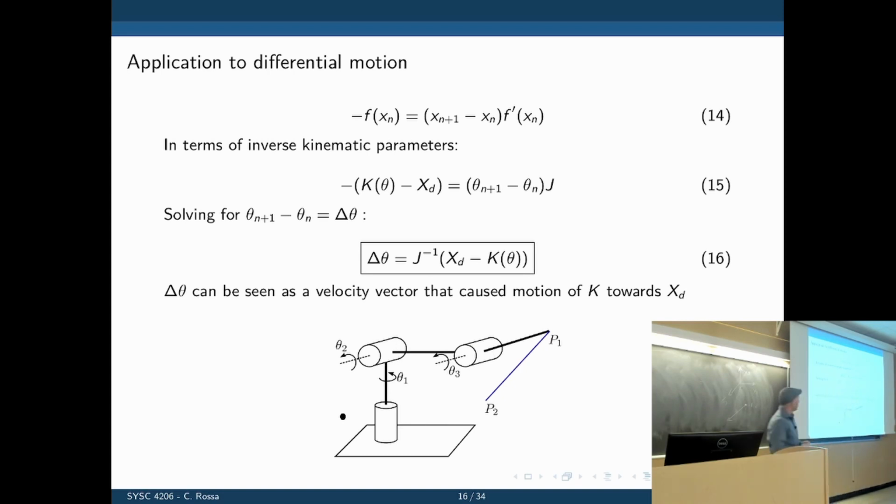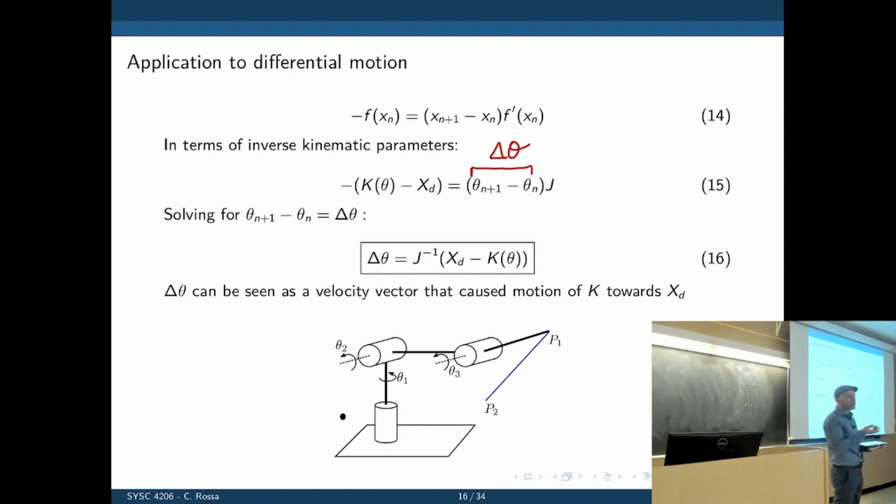Moving forward, we're going to make a small simplification. In equation 15 we have theta n plus 1 minus theta n. Isn't this the variation of theta between two iterations? I'm going to call that delta theta, which is something close to the speed of the joint angles.